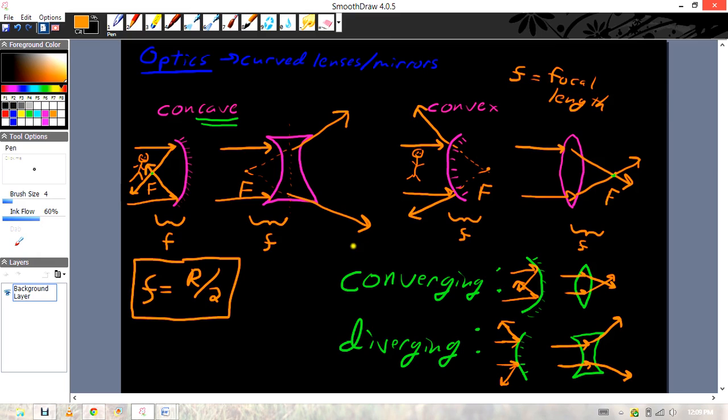Keep it simple. Once you have the converging and diverging down, and understand that cave is this and vex is this, and of course it's opposite for mirrors or lenses, everything ends up being very simple. And we'll explore that and the mathematics of the lens and mirror equation next.